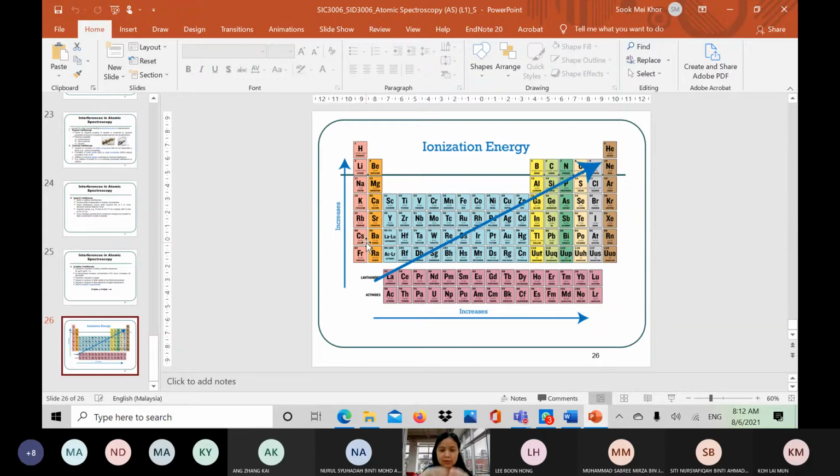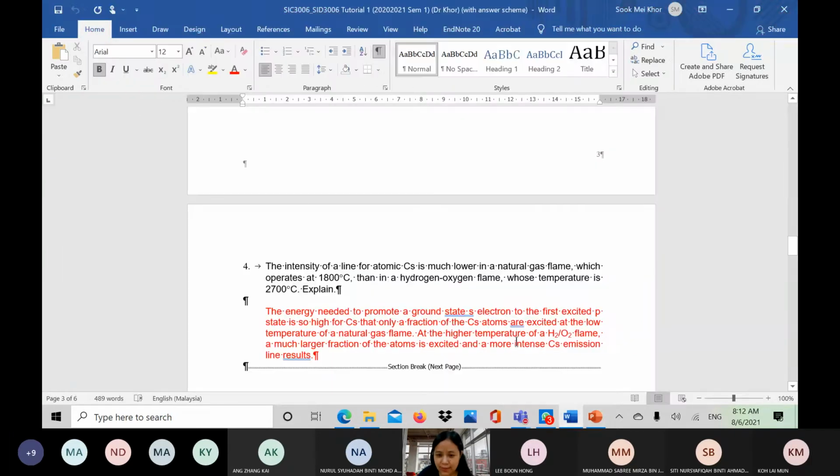Group 1 has which orbitals? For transitions, it has orbital S, orbital P, or orbital D, SPD, right? So for cesium, the electron from orbital S needs to get excited to orbital P. It needs enough energy, and for this 1800, it is not enough. Only a little bit of the atoms can get excited.